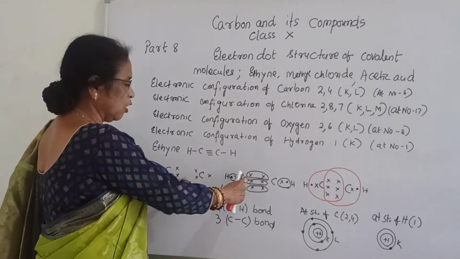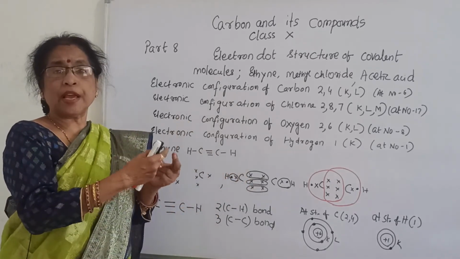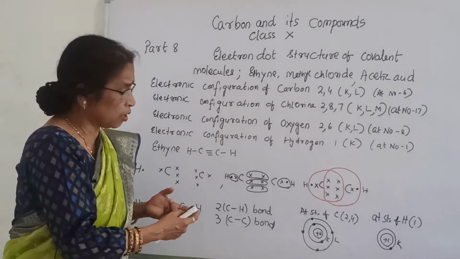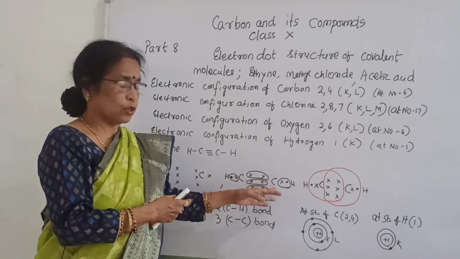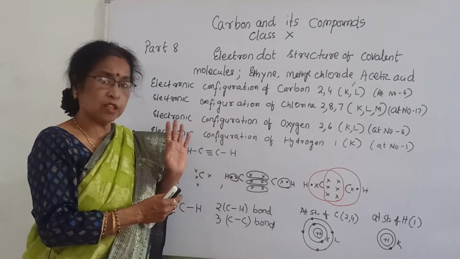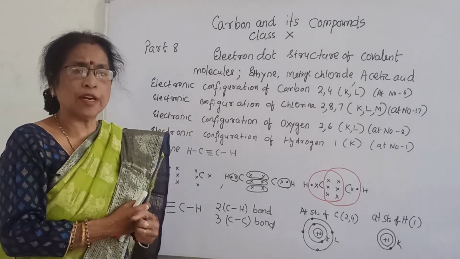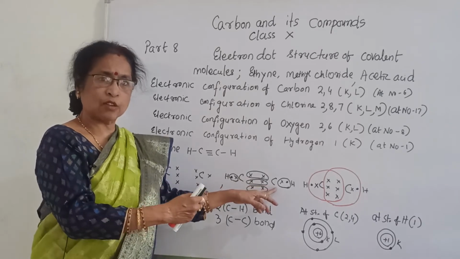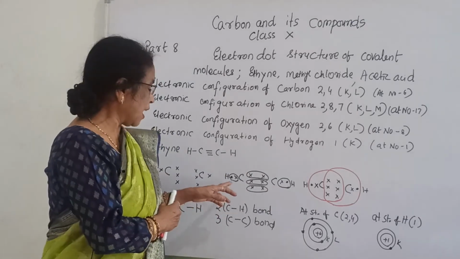Similarly, in the middle you can find carbon and carbon with three pairs of electrons. One pair gives one covalent bond, so 3 pairs of electrons give 3 covalent bonds. On this side also, carbon has 1 electron, hydrogen has 1 electron, and they form a covalent bond. Now you can see how many covalent bonds there are. On the left side 1 CH bond, on the right side also 1 CH bond, so 2 CH bonds are formed.